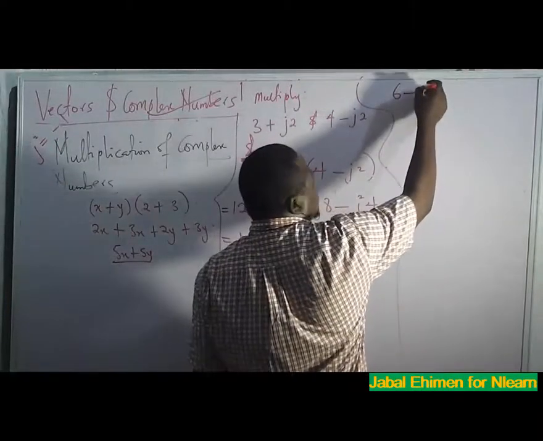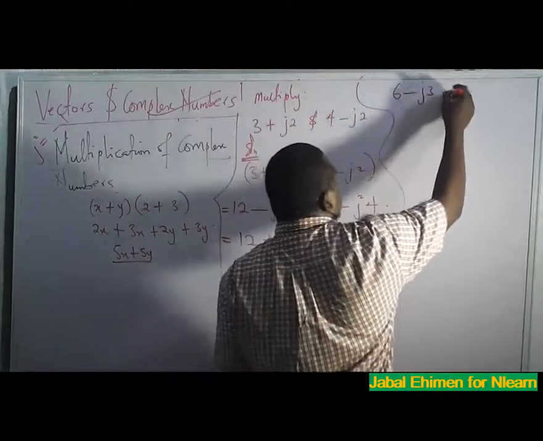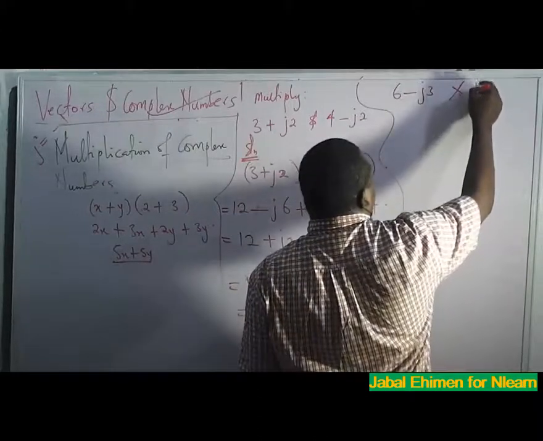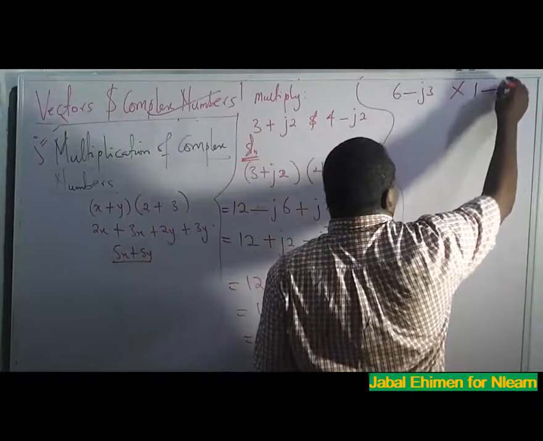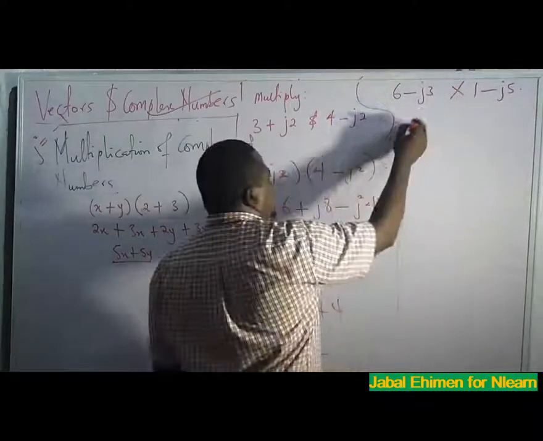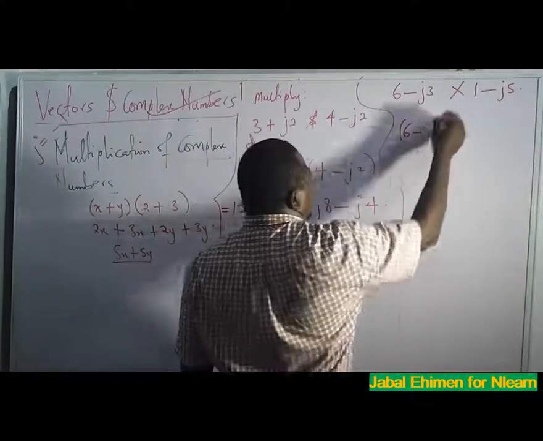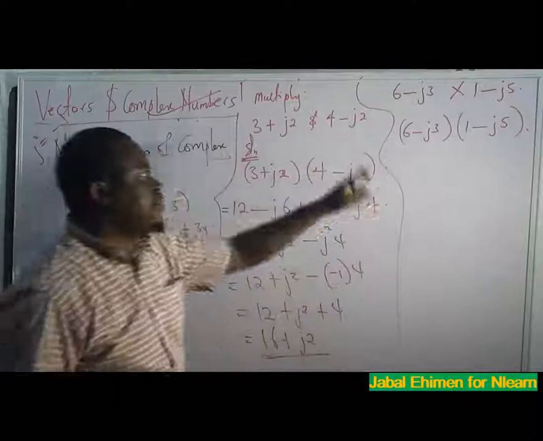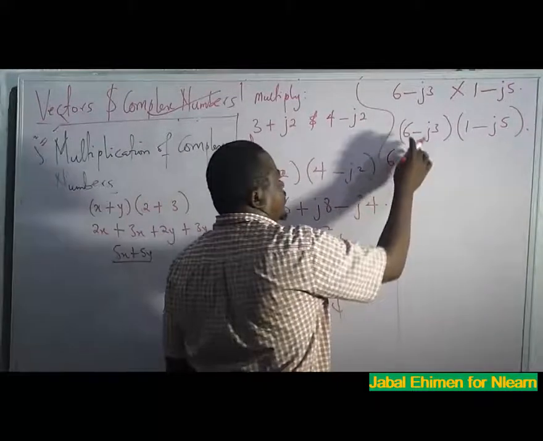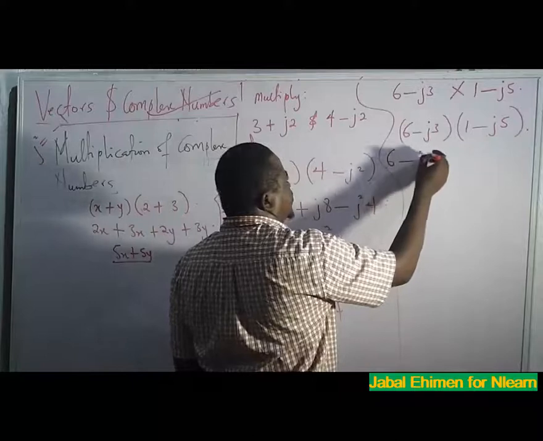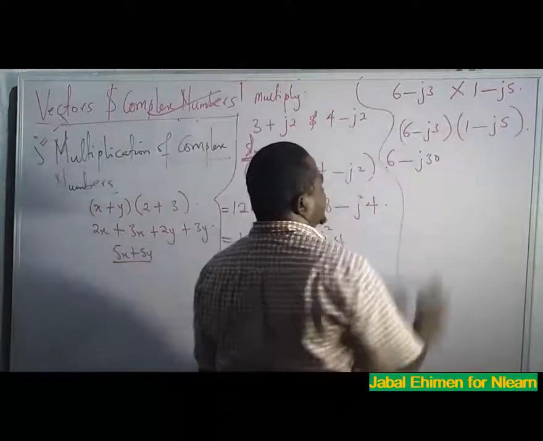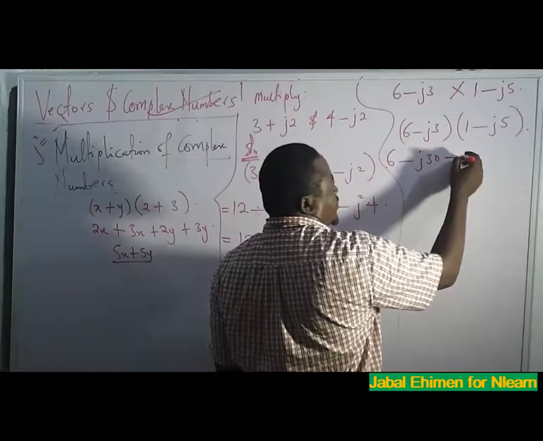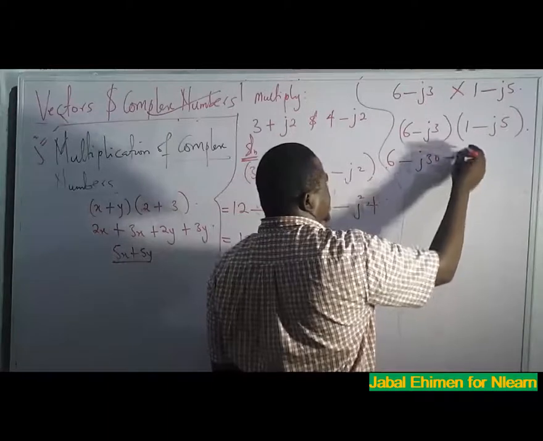But what about a consideration where you are given something like 6 minus J3? If you have to multiply it with 1 minus J5. So you have 6 minus J3 multiplied by 1 minus J5. Let's do that now. If you multiply them, 6 times 1, that will be 6. 6 times minus J5, that will be minus J30. Minus J3 times 1 will be minus J3.